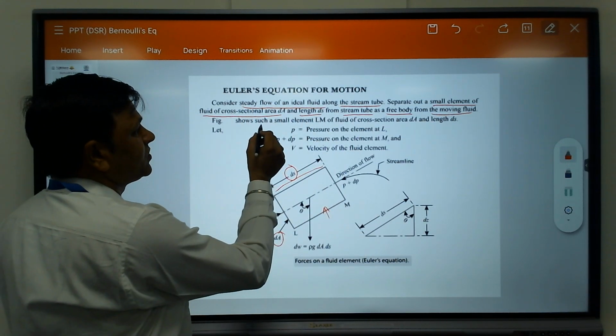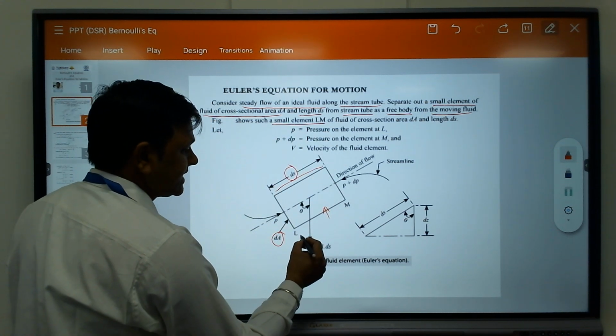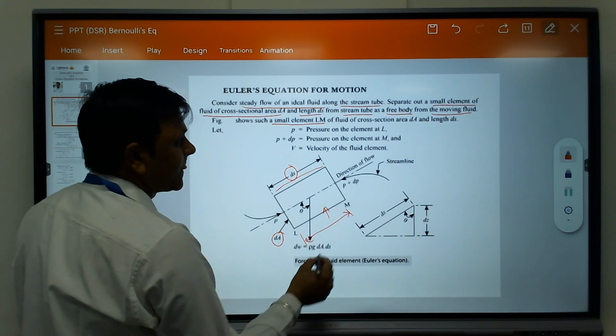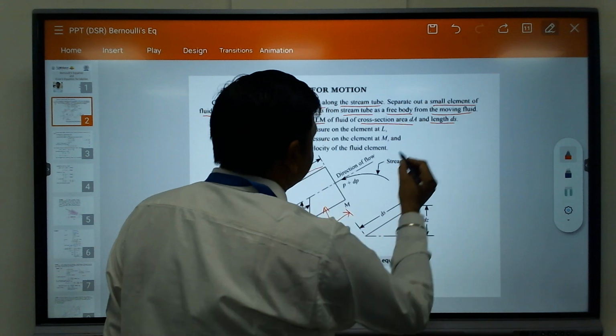This figure shows such a small element LM, a small element of fluid of cross-sectional area dA and length ds.